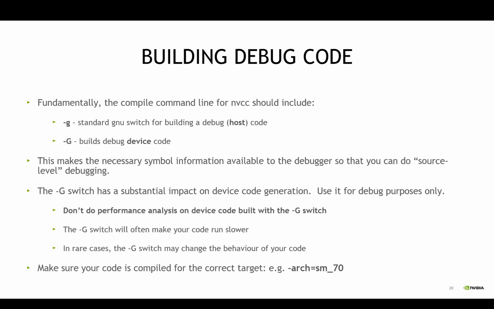But it has to do with the fact that we can reference lines of source code and we can move through our code as if we were moving through our source code, even though the underlying machine is really not doing anything at all like executing lines of source code. It's executing the compiled code, which is quite a bit different. Another thing to be aware of is the -G switch has a substantial impact on device code generation.